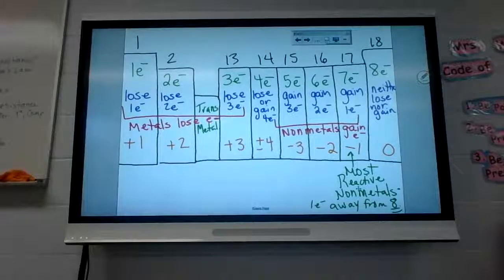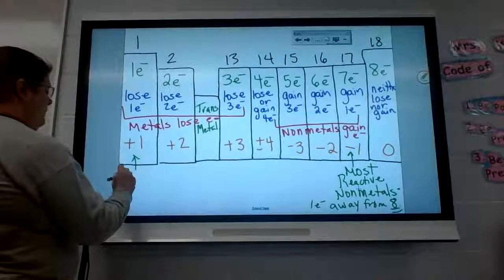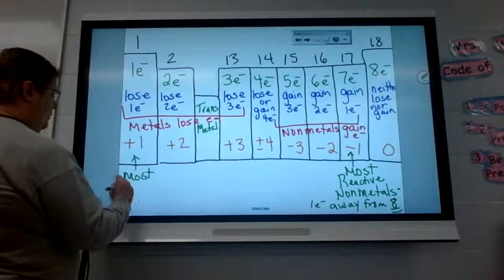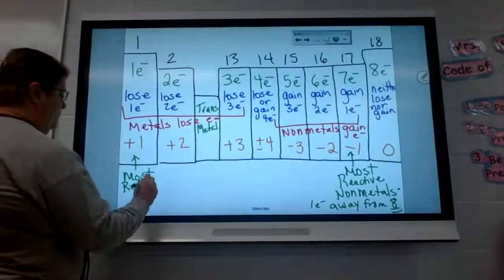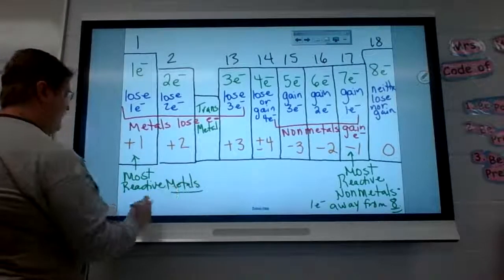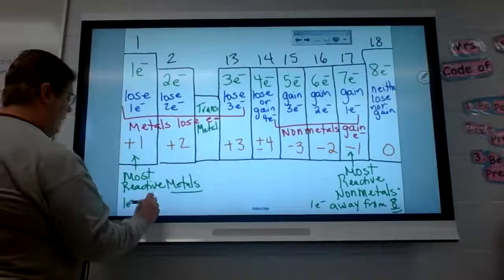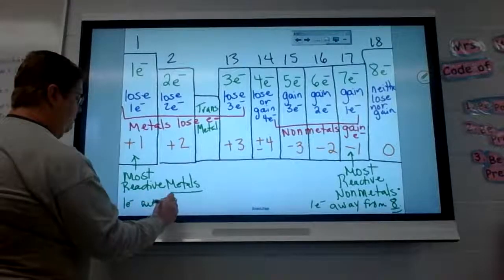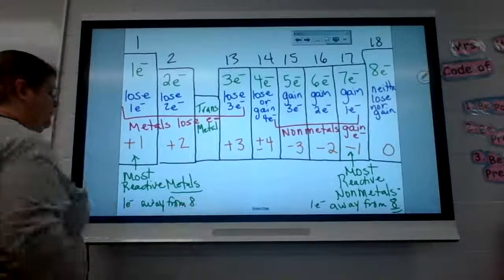Why would group 1 be the other group of hose? Because it's 1 minus away from 8. That's right. Group 1 are the most reactive metals. They are 1 electron away from 8.